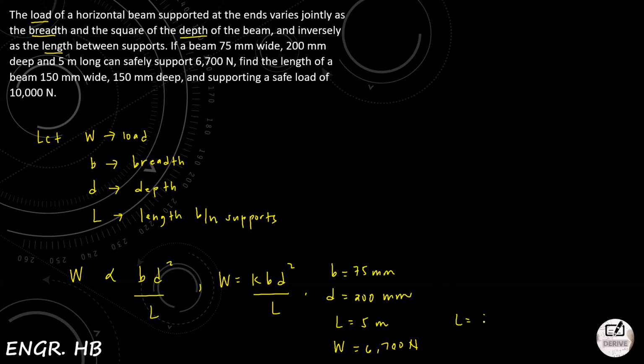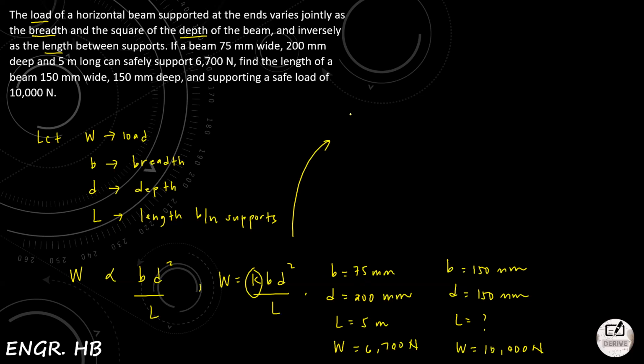Sabi, length of a beam, kapag daw ang breadth niya or wide is 150 millimeters, ang deep is 150 mm also, and with a safe load of 10,000 Newton. And of course, as usual, in order for us to get this unknown, we should get first the constant of proportionality. So pwede nating lagay dito.